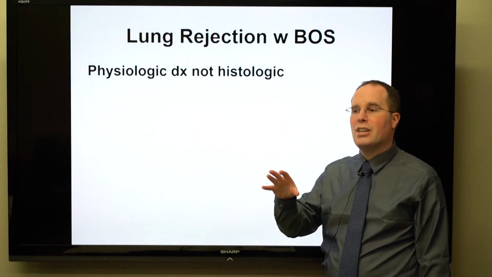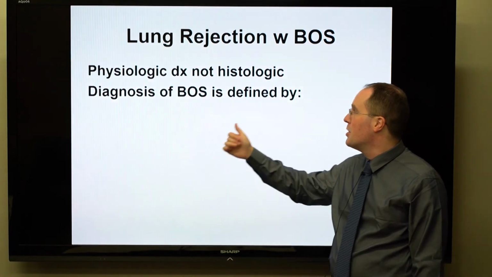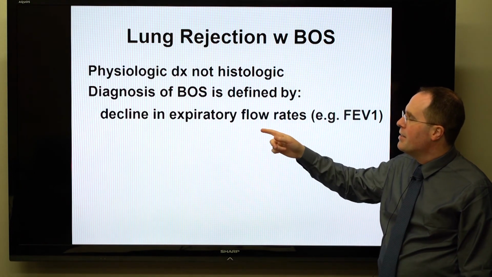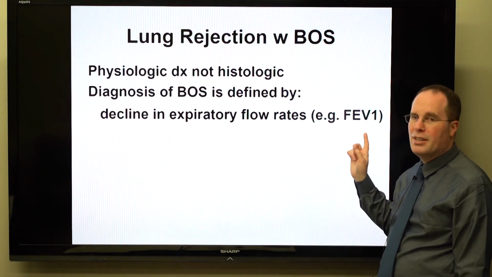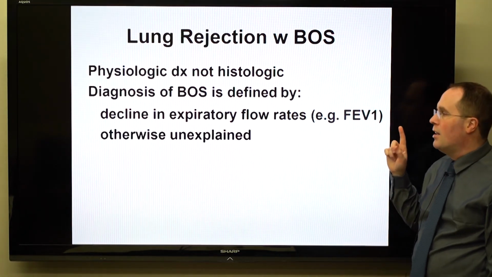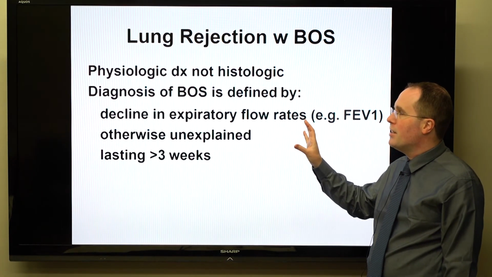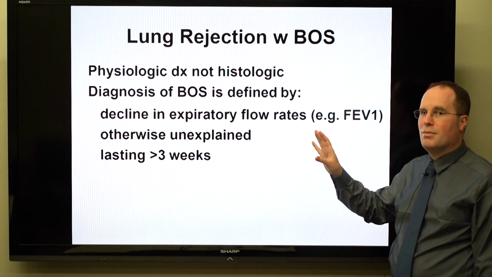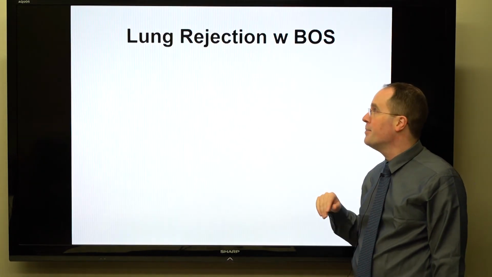I mean, you can glean a lot from a lung biopsy, but the diagnosis of BOS in particular is defined as you need a decline in the expiratory flow rates, meaning your FEV1, that's otherwise unexplained and lasts for at least 3 weeks. So that pulmonary function test result is consistent with BOS.